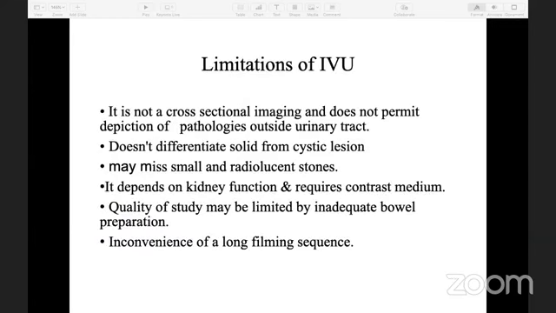Limitations: it doesn't pick up pathologies outside the urinary tract because it's not a cross-sectional study, doesn't differentiate solid from cystic lesions, and doesn't allow visualization of small and radiolucent stones. The quality may be limited by inadequate bowel preparation and it requires a long filming sequence.